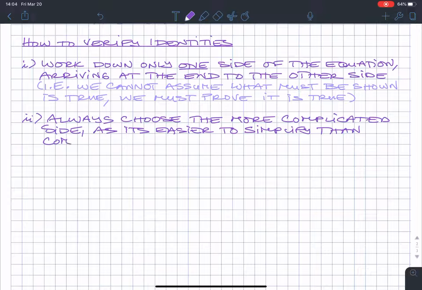And I don't know if that's a word, but that's okay. Complexify.